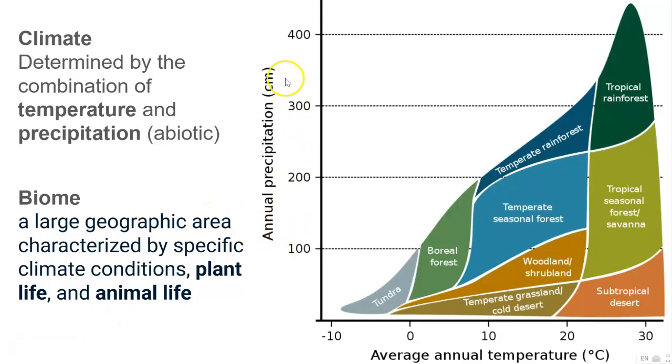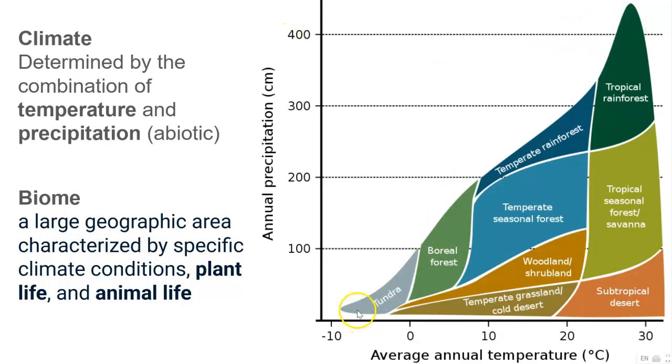And on the y-axis here, there's our precipitation. On the x-axis is our average temperature throughout the year. And we can see that different biomes, okay, a tropical rainforest, for example, would have a very high average annual temperature, but it would also have a very high amount of annual precipitation.